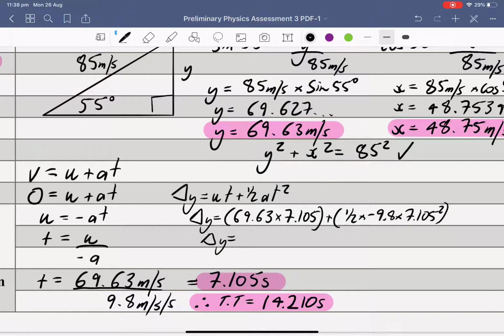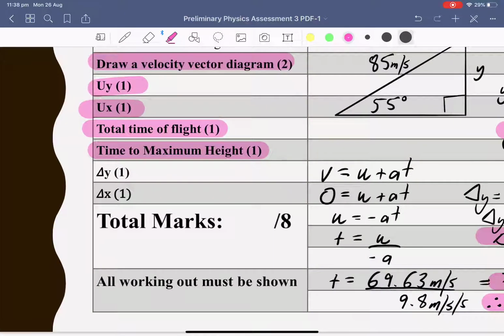Putting that in our calculator, we should get an answer of 247.36 meters. I'm going to highlight that answer and say, yes, we've done that.